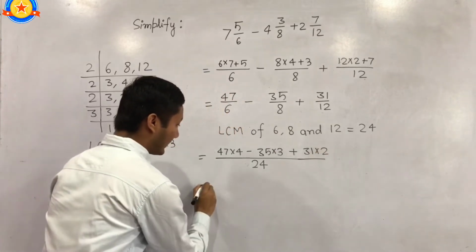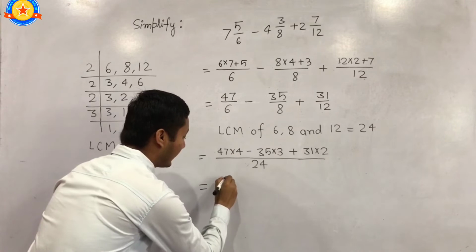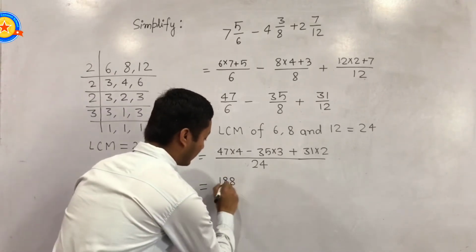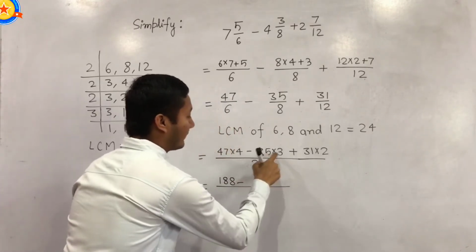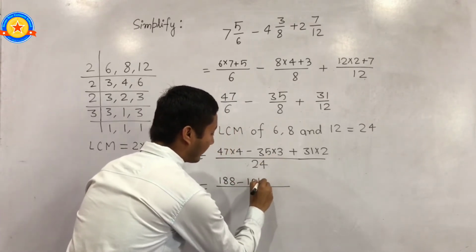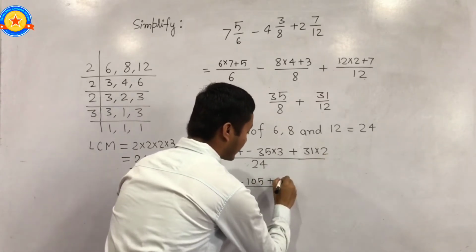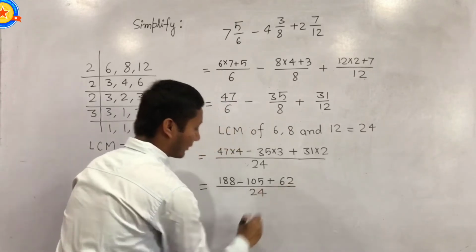Now if we solve this, then we get 47 fours are 188, minus 35 threes are 105, plus 31 twos are 62. In the denominator we have 24.